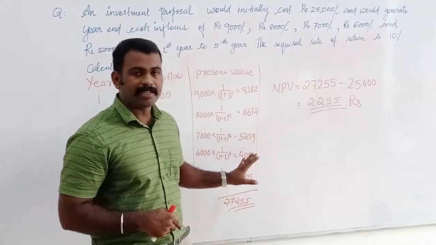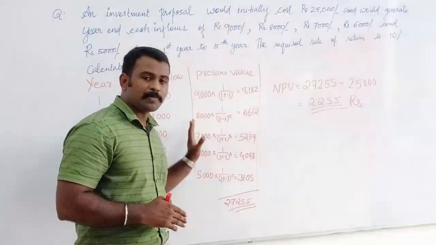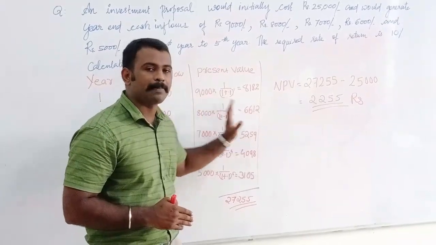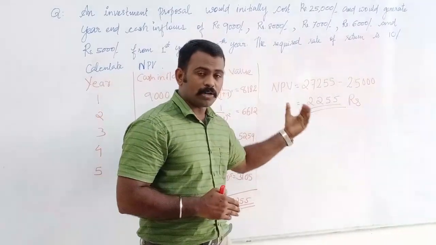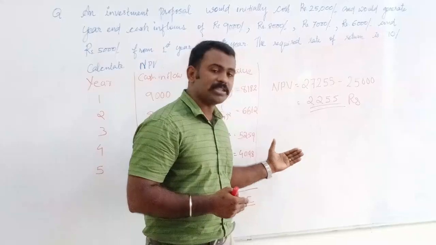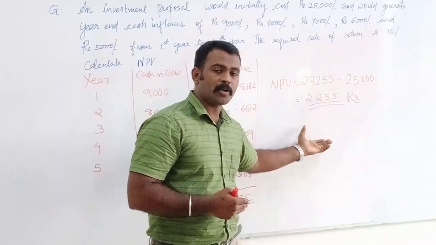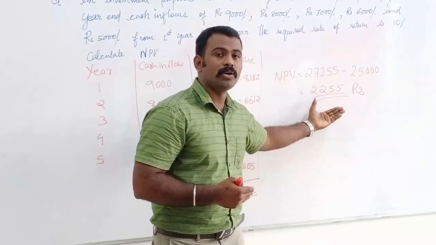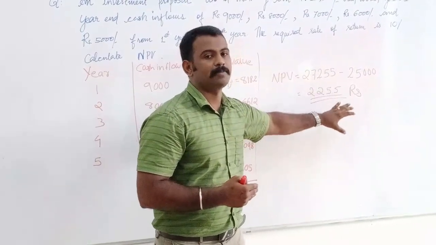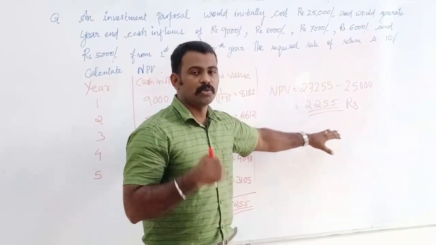In the same way, you have to calculate each project's net present value separately and find out which project gives more present value. The project that gives the higher present value, you have to accept that project.